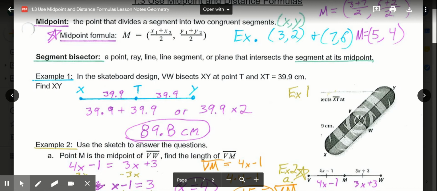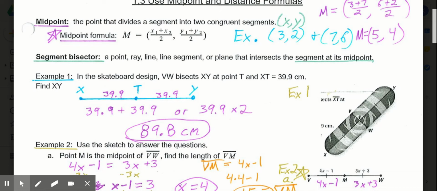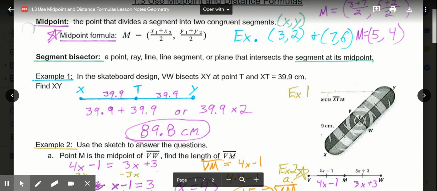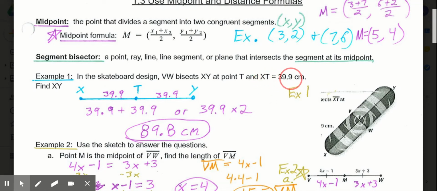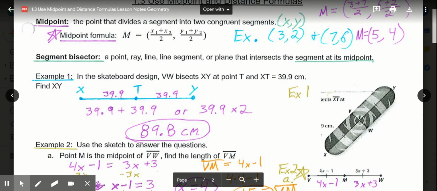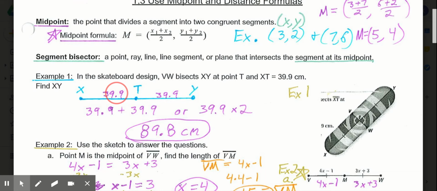Now, the way we know that the parts are equal by looking at a diagram, it's a little hard to see on this one, but this little hash mark here and this little hash mark here tell me from the diagram that that segment is congruent to that segment because they both share the same hash mark. What we know is the length of XT is 39.9 centimeters. I just took this drawing and moved it over here to make it easier to see. I know X to T was 39.9 centimeters.